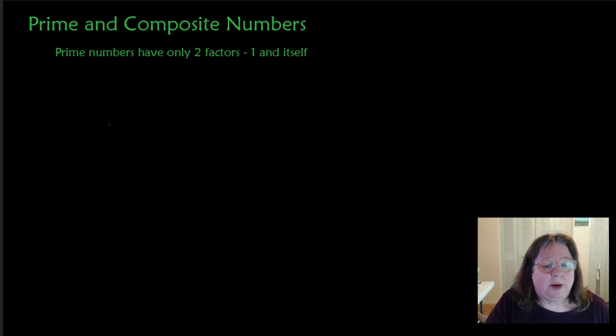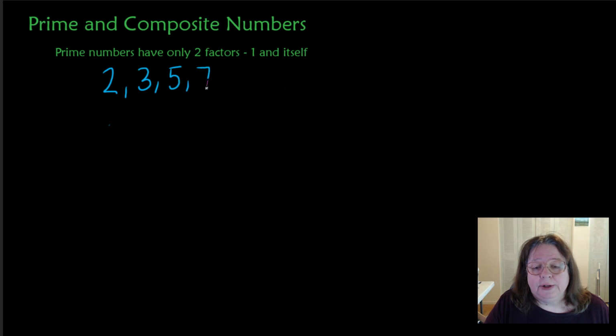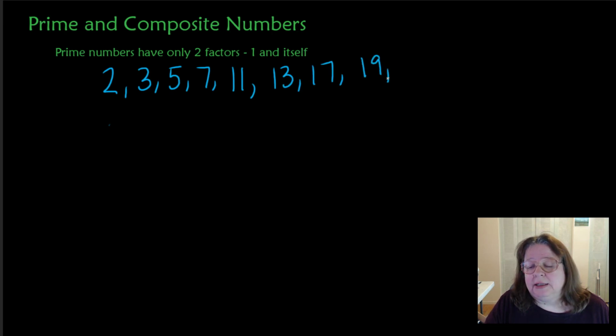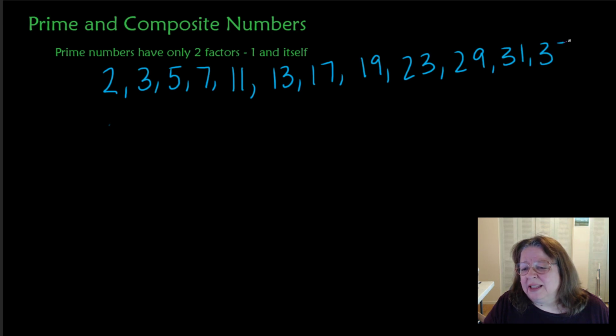Let's list some prime numbers out. 2, 3, 5, 7, 11, 13, 17, 19, 23, 29, 31, 37.